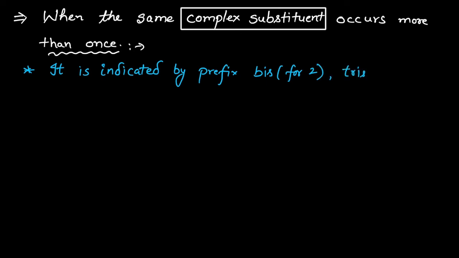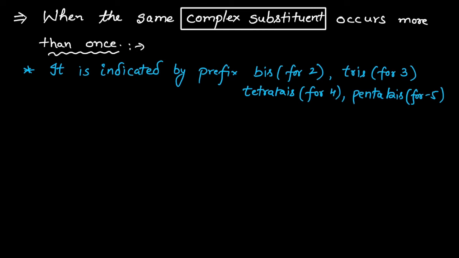So, please remember that while naming the same complex substituent which occurs multiple times, we don't use di for 2, but we use bis for 2, tris for 3, tetrakis for 4, pentakis for 5 and so on. This is a very important point if you are giving IIT-JEE Mains and NEET exams. So, let us understand this by taking this example.